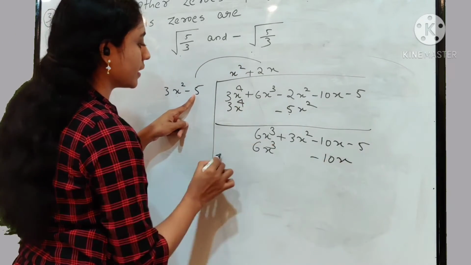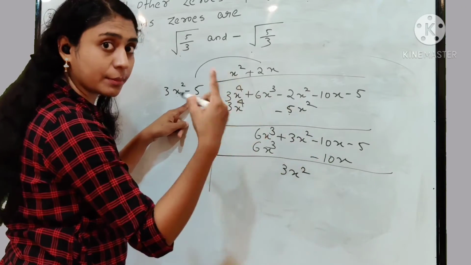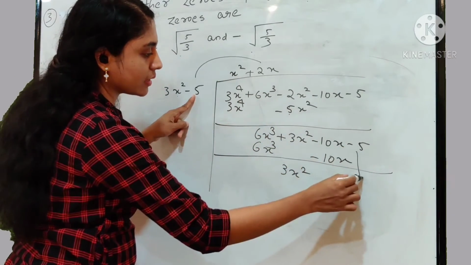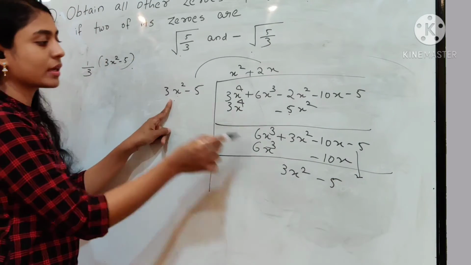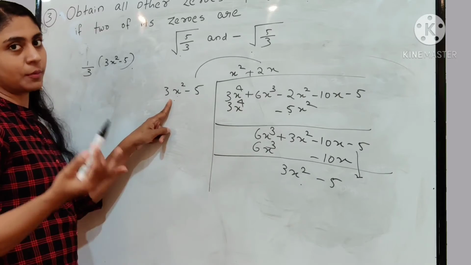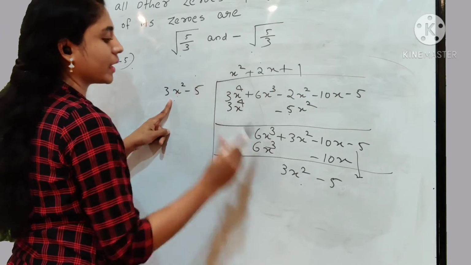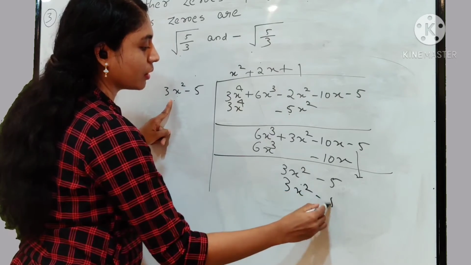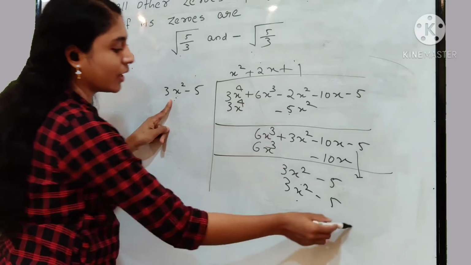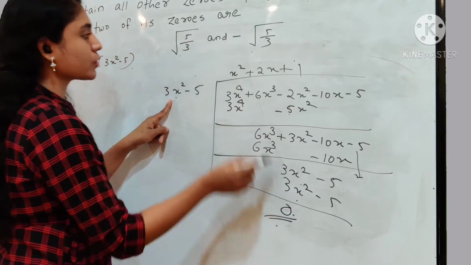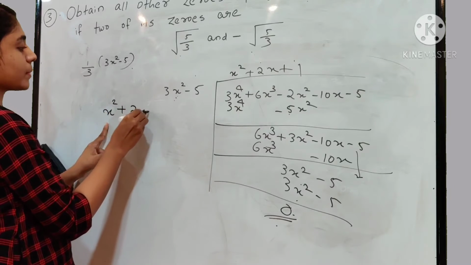Subtracting, 3x square and minus 10x plus 10x cancel, so we write minus 5. 3x square minus 5, plus 1 into 3x square minus 5, because 3x square minus 5 into 1 is 3x square minus 5. Here the remainder is 0. So we got the quotient x square plus 2x plus 1.